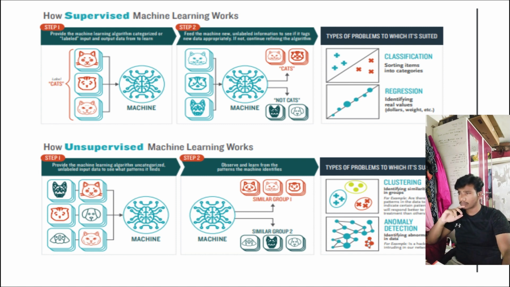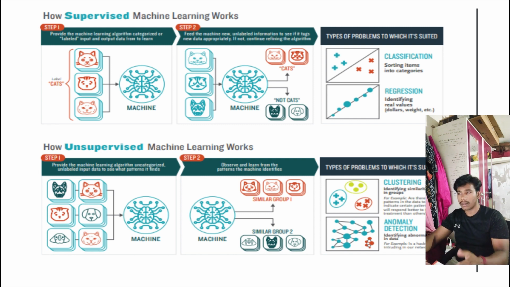So that is it. And here the machine understands the cat, and whenever there is something wrong with the image, we can say when we are testing the algorithm, after we divide the test and training data, and when we give that testing data to the machine, it is able to understand which image is of a cat and which is not. So it will just tell you, these are the images I found which are related to cat, and these are the images I found which are not related to cat.